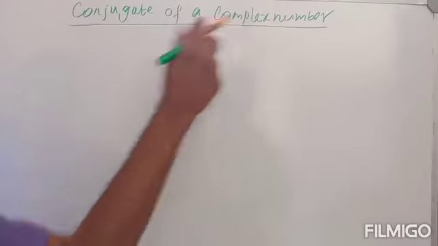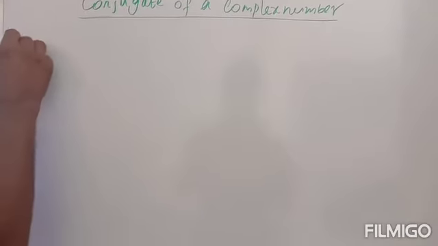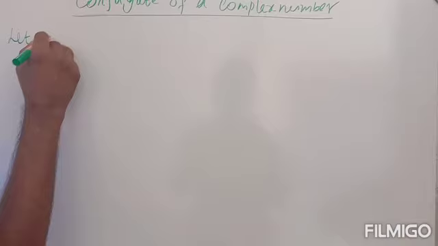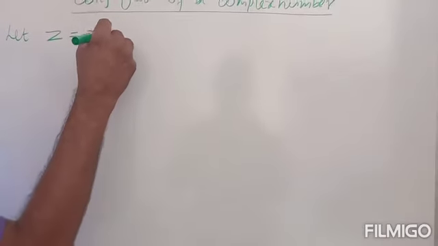Conjugate of a complex number. Let z equal to x plus iy.